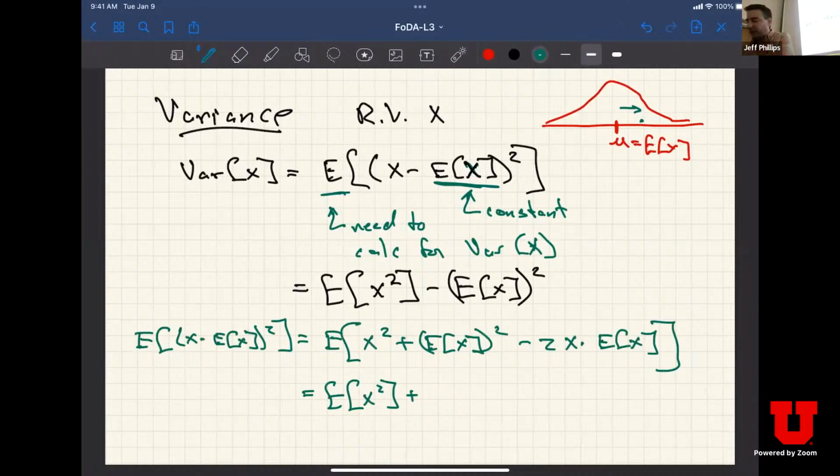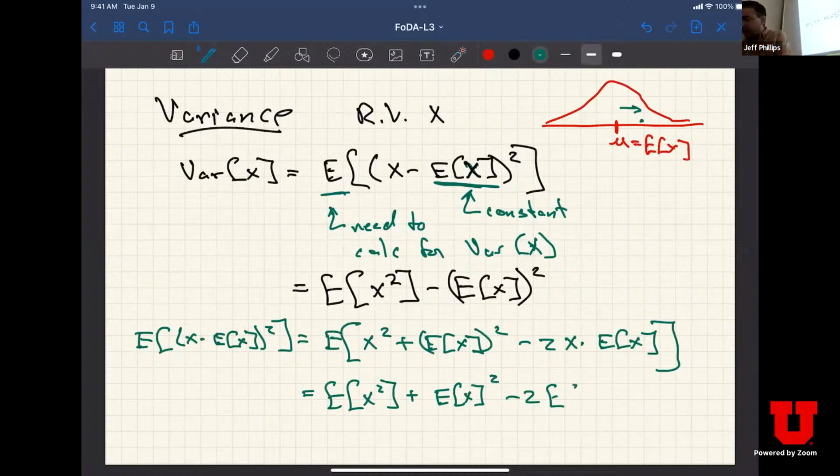That's a constant, right? So I just get out the expected value of X squared again. And now I have the two factors through, and in fact, this second expected value over here, this guy right here, also factors through.